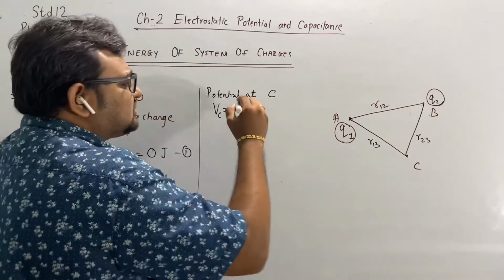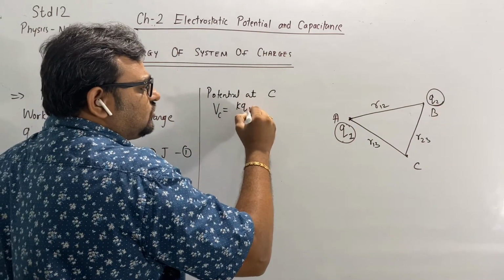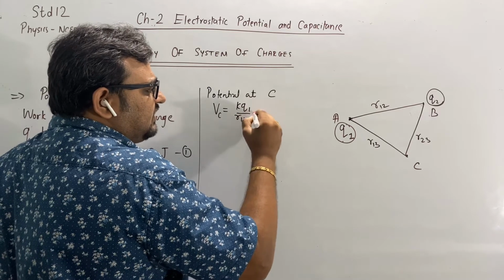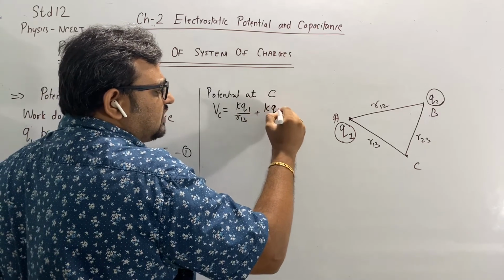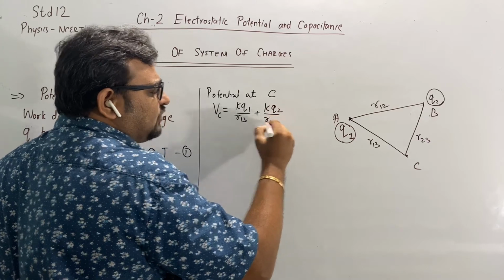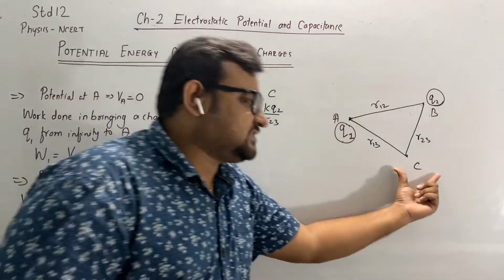So due to charge Q1, it is K Q1 upon R13, and due to charge Q2, K Q2 upon R23. This is the potential at point C.